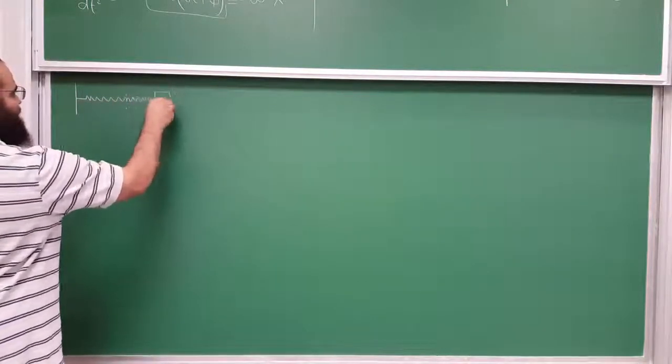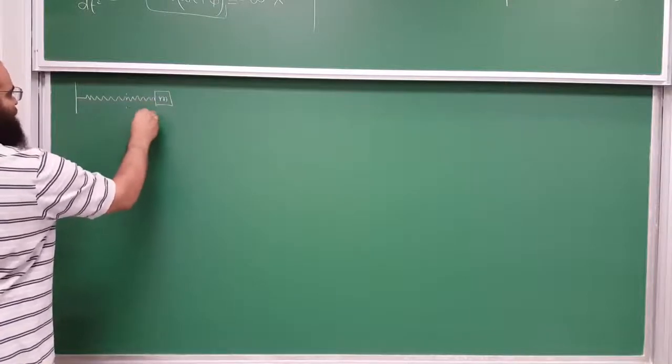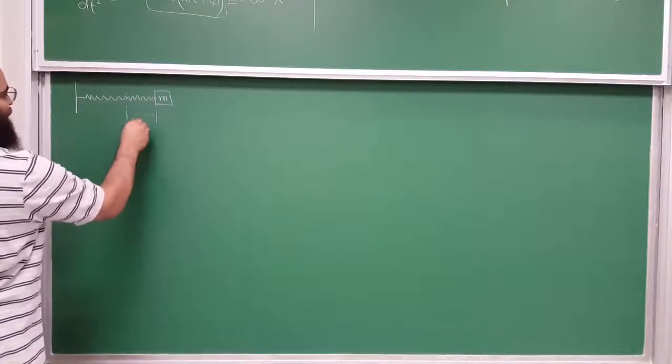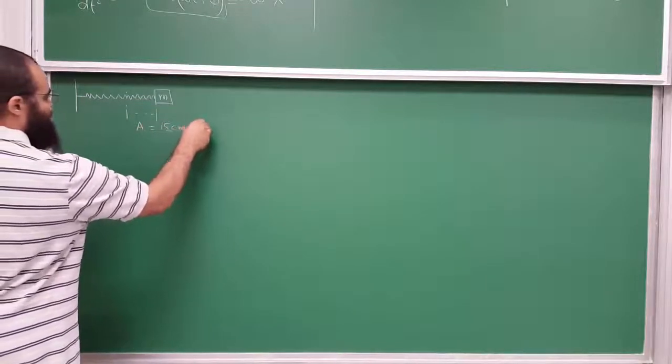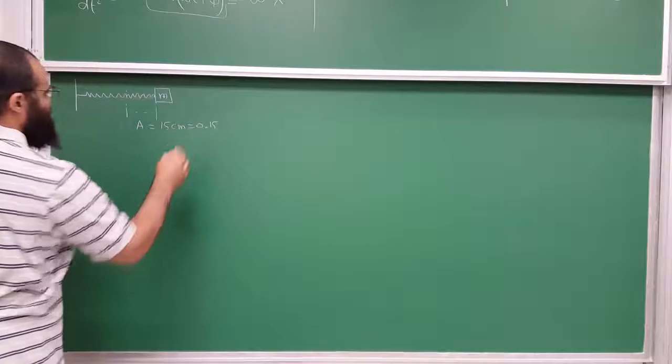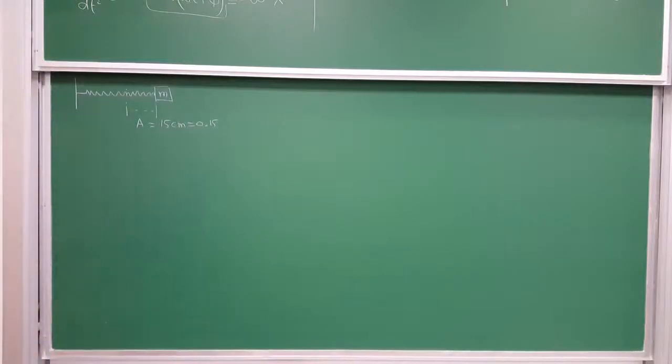Here is the mass. This is called the amplitude, and it is 15 centimeters for this problem. It's 0.15. We pulled it to the right, and then we released it at time t equal to 0, and it makes 15 oscillations in 10 seconds.